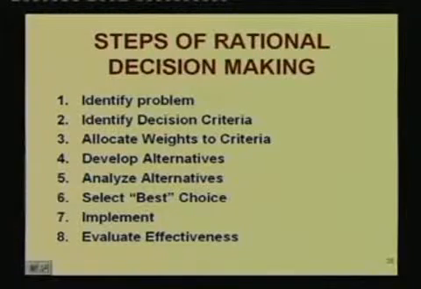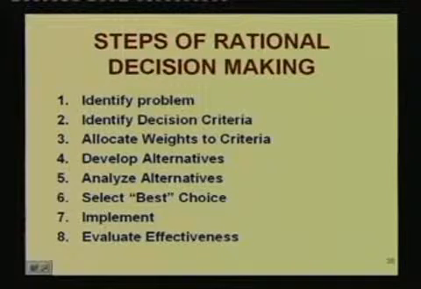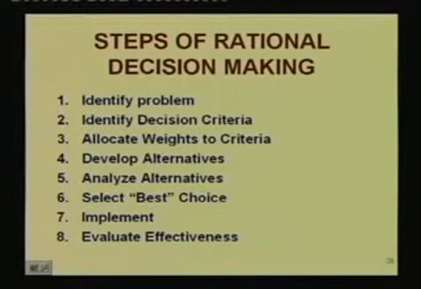So go through the entire decision making process, the intelligence part, the design part, and finally the choice part. The choice will depend on the evaluation, right? So these are the usual process: intelligence, design, choice. That's the usual decision making process of a rational decision maker.